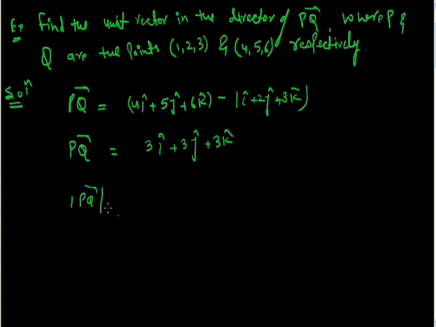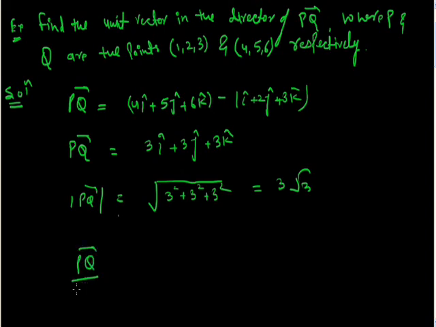Now the magnitude of the PQ vector is the square root of 3 square plus 3 square plus 3 square. Now I get 3 root 3. So the unit vector in the direction of the PQ vector is the PQ vector upon the magnitude of the PQ vector.